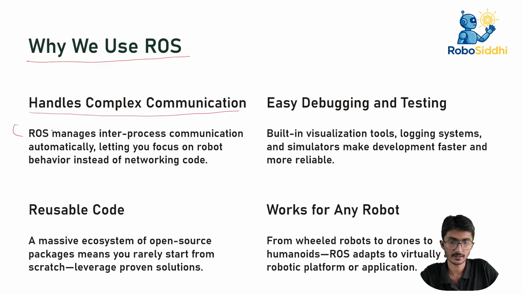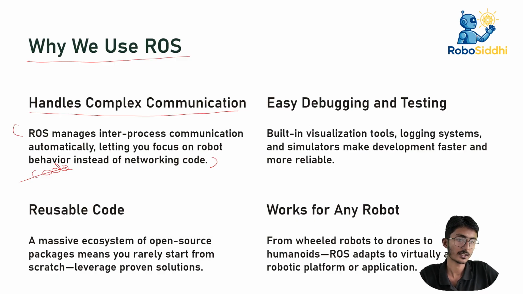ROS manages inter-process communication automatically, letting you focus on the robot behavior instead of networking code. So you don't have to code, because other people have already done the code, and there are a lot of communities present which can give you the code online. You just have to understand how the robot is going to behave under different scenarios. You don't have to focus on code; you just have to make the robot work.